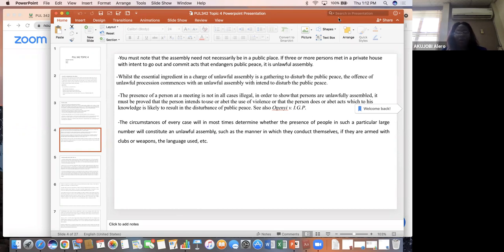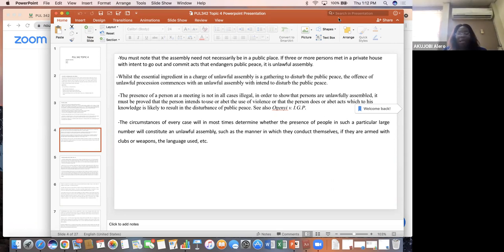The offense of unlawful procession commences with an unlawful assembly with intent to disturb the peace. Of course, we've seen a lot of processions that normally started, and before you know what's happening, the unlawful assembly has turned into a procession, and it's very, very rowdy, and there's fear, everybody's running, scattering, trying to leave the place, and there's violence everywhere.